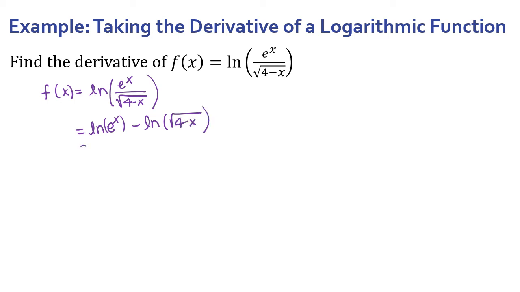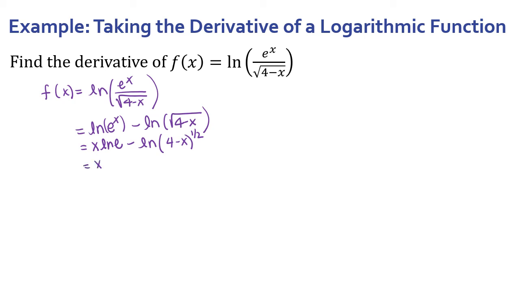I'm going to keep on going. I'll first use the power property so that x can come in front. Now I can rewrite the square root as something to a 1/2 power. So taking the square root is the same thing as putting it to the 1/2 power.